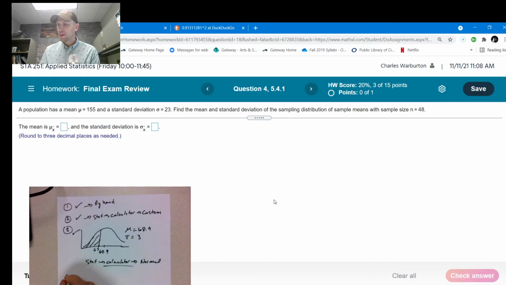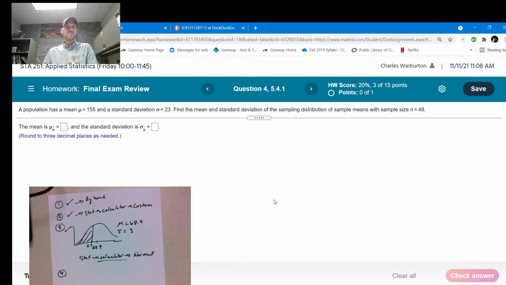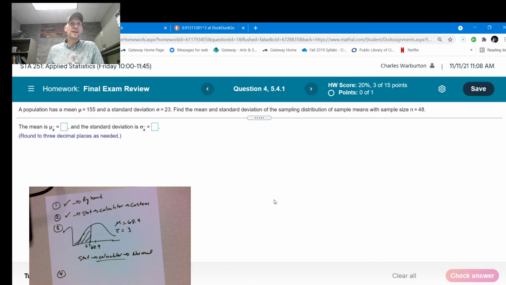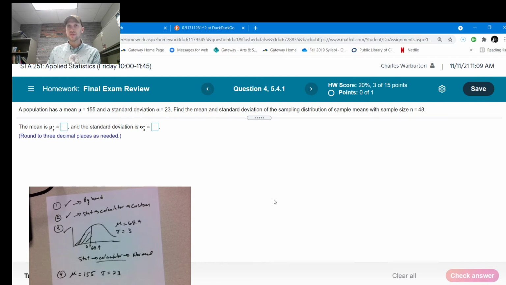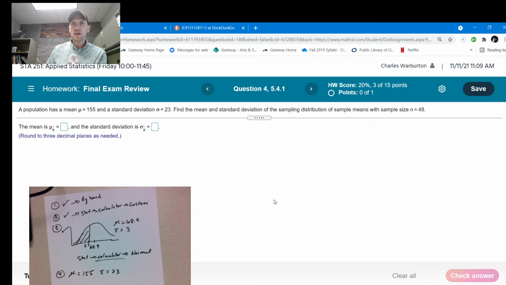Number 4. Number 4 says, a population has a mean of 155, a standard deviation of 23. Find the mean and standard deviation of the sampling distribution, the collection of all possible samples. And they're saying, assume that all possible samples of size 48.